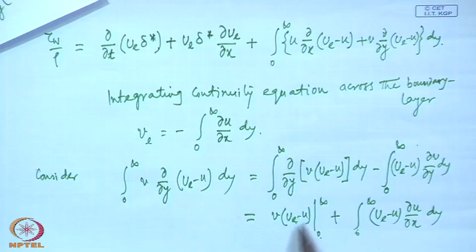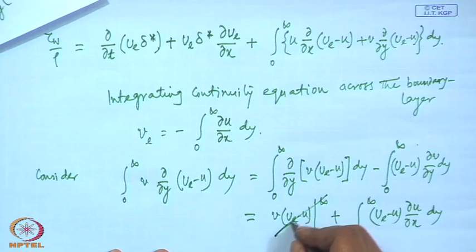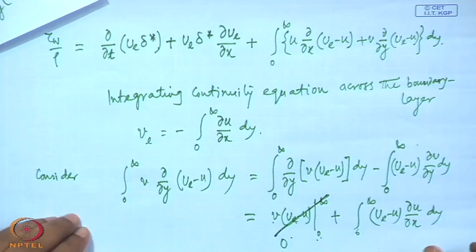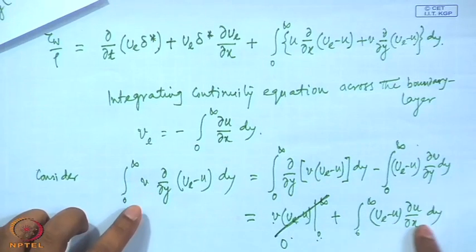So, this integration is 0. At infinity u e minus u is 0, at 0 v is 0. So, this last integral becomes this.